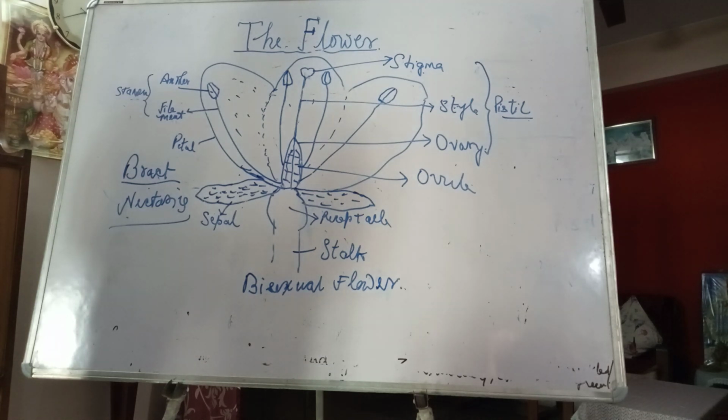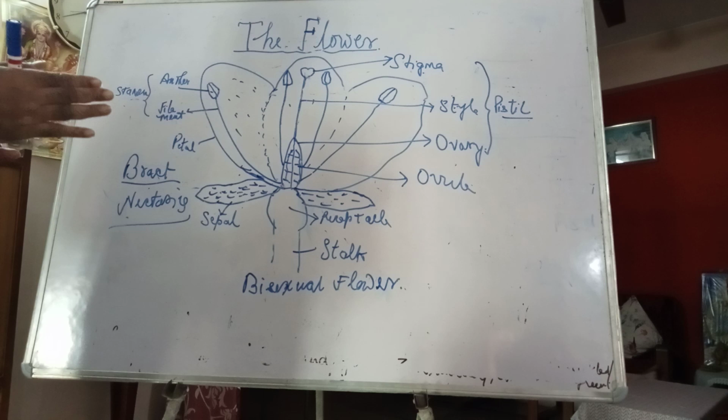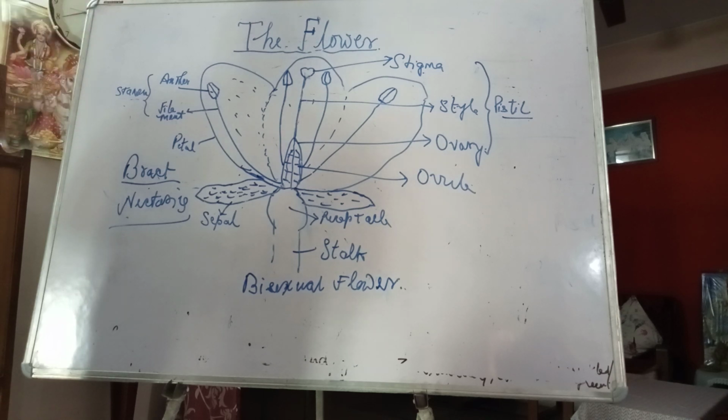An example is maize. And dioecious plant means the flower containing the male part and the flower containing the female part are on two different plants, not on a single plant.